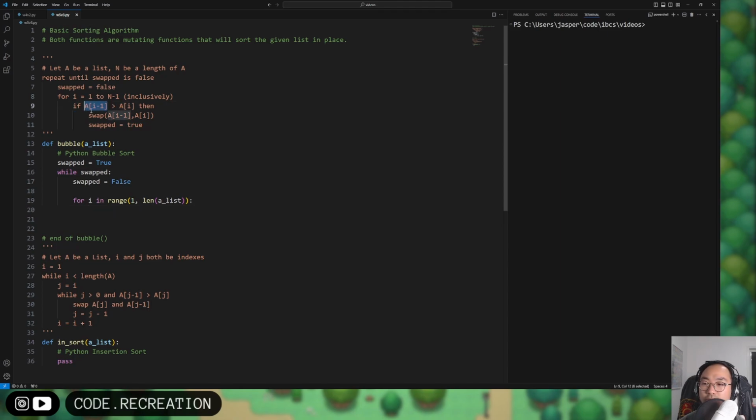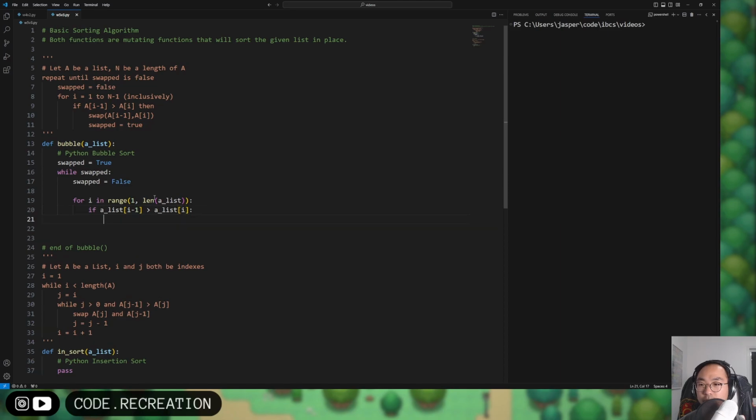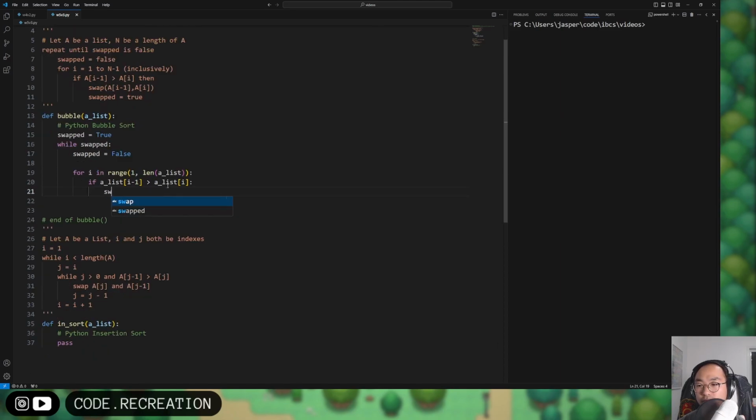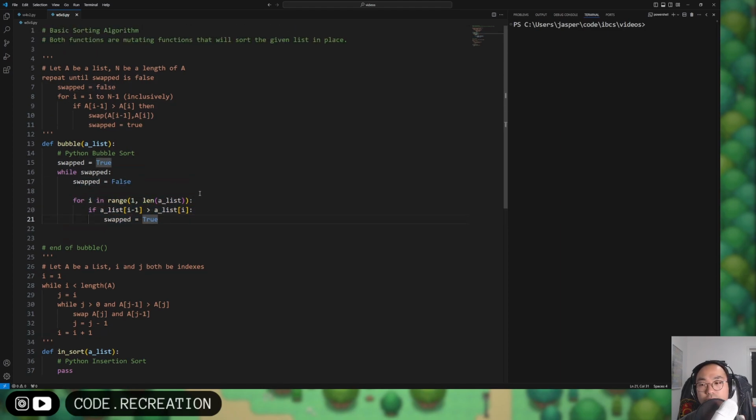If the value at i minus 1 is greater than a at i, which means that the left value is greater than the right value, so if our a list at i minus 1 is greater than a list at i, we need to swap those values. And then we set swapped to true. So a swap must occur within this if statement, and we continue to do this over and over until swapped remains false, as in we never did a swap in this pass.